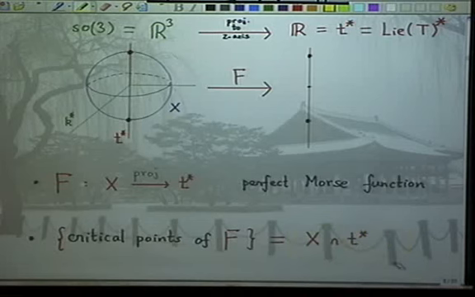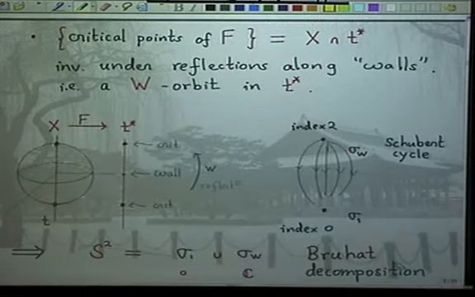So the critical points are the intersection points in T, and they are invariant under the reflection along the Weyl chamber walls. This is not the wall of the Kähler cone, this is the wall of the Weyl chamber.